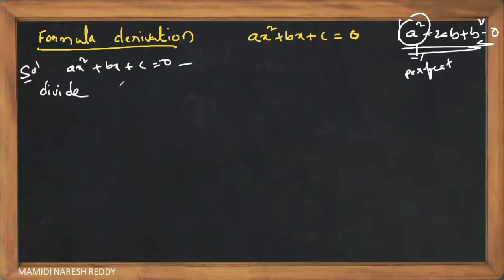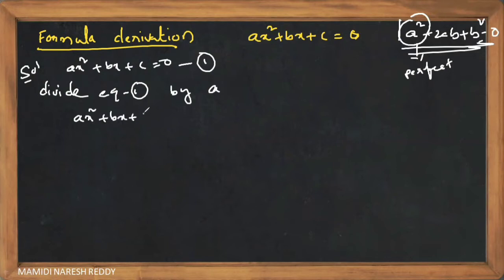Let us take this as equation 1. So equation 1 by a. I'm dividing, children: ax square plus bx plus c is equal to 0, means by a and by a. Any doubt?